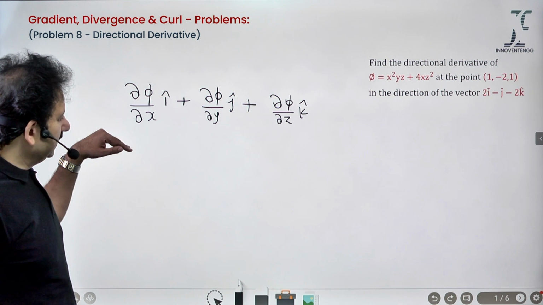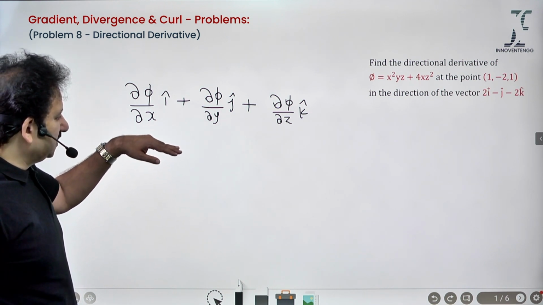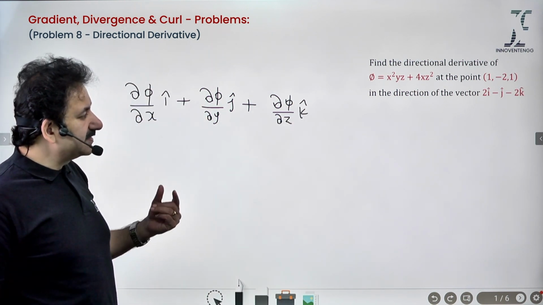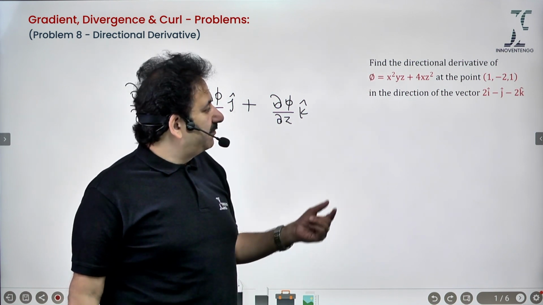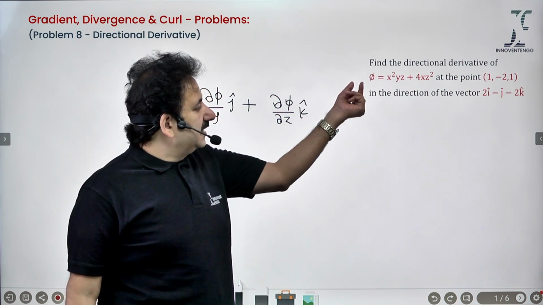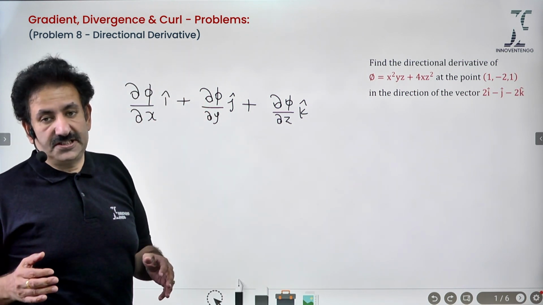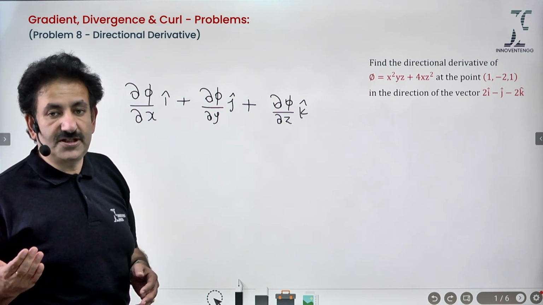So this gives the greatest variation of the function, or the scalar potential, because in physics generally the symbolism phi is used to represent the potential function. For example, it can be gravitational potential, electrostatic potential.